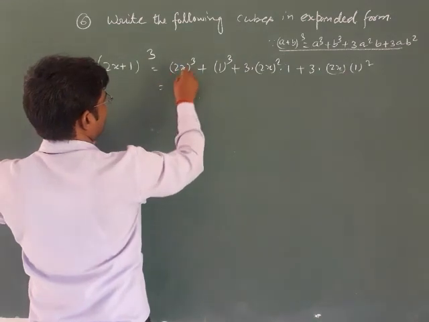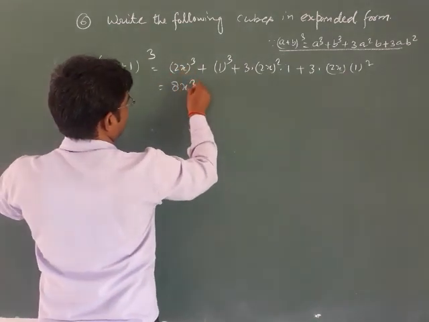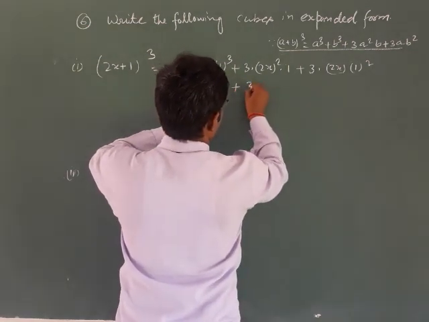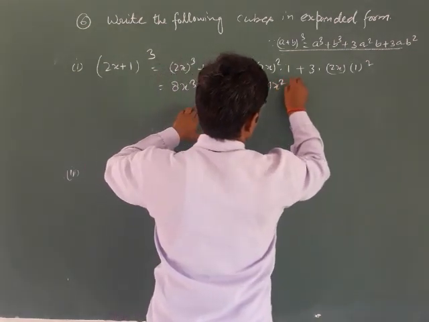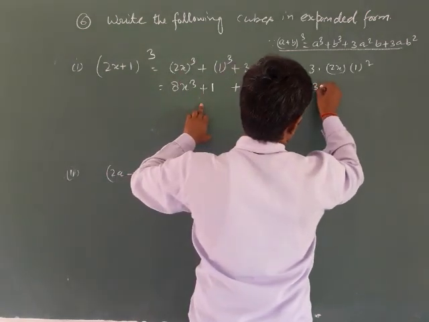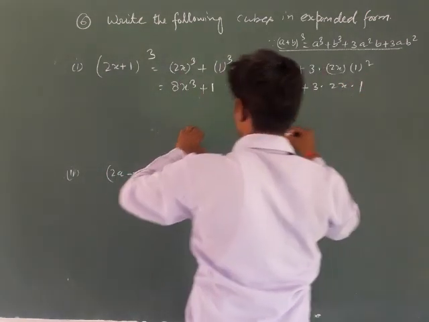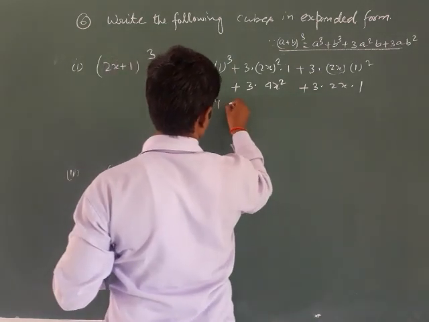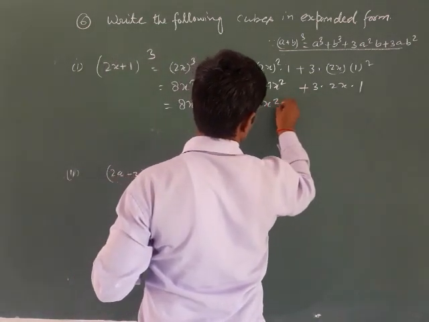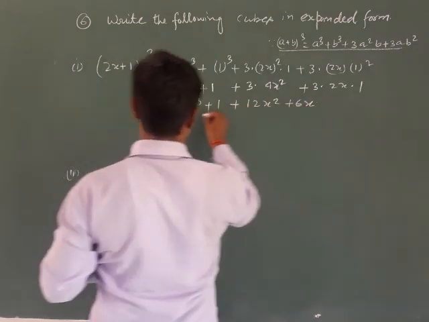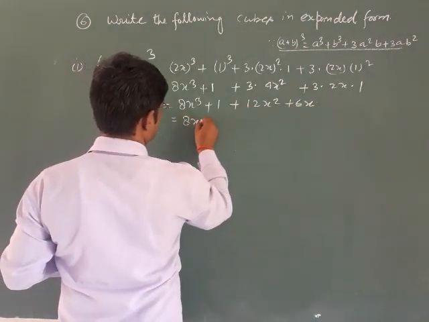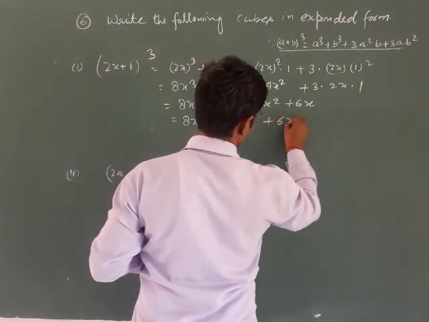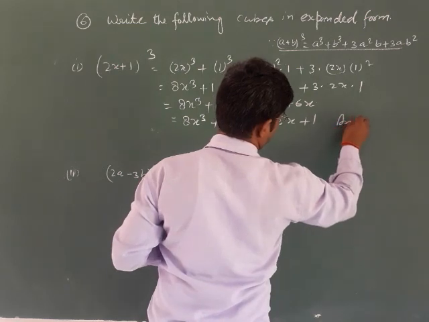So 2 cube is 8x cube plus 1 cube is 1 plus 3 times 4x square plus 3 into 2x into 1. So now 8x cube plus 1 plus 12x square plus 6x. So also 8x cube plus 12x square plus 6x plus 1. This is the answer.